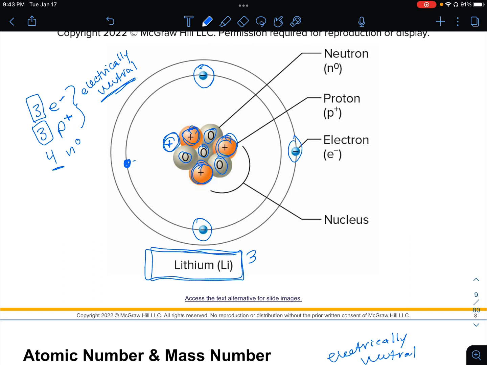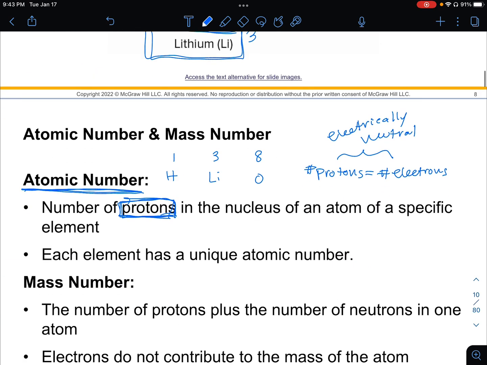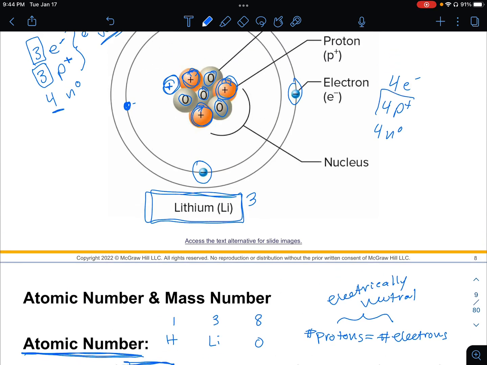So we now have 4 electrons, 4 protons, and 4 neutrons. This would now have the atomic number of 4, because the atomic number is the number of protons. And what would that be? That would be beryllium. So we're going up.